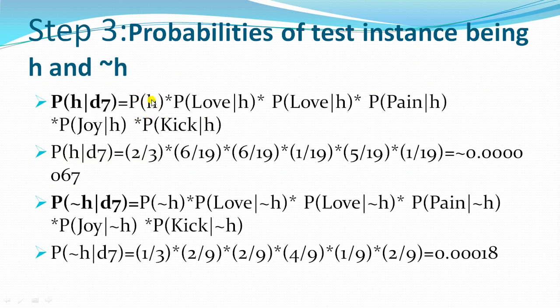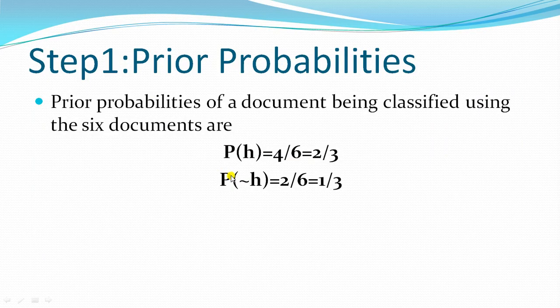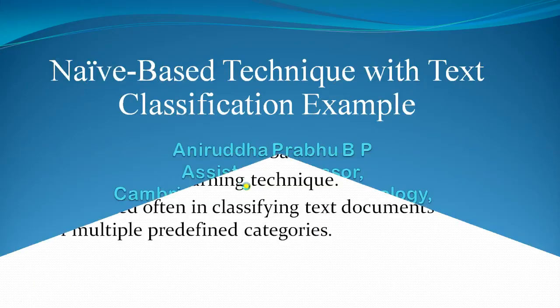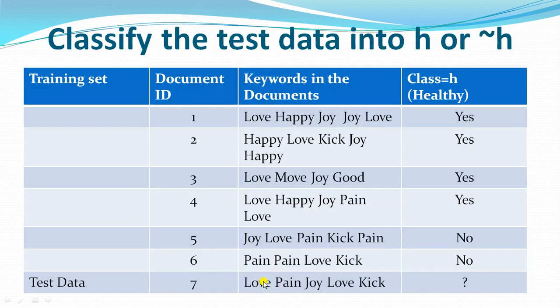For example, P of H into, see how many love are there in this particular statement. Here 1 and 2. So two words of love are there.